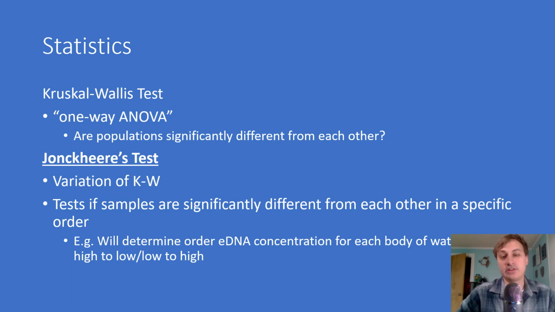So what they actually used was called a Jonckheere-Terpstra test, which is a variation of the Kruskal-Wallis. And it not only tests whether they're significantly different from each other, but tests if they are in a specific order. So remember, they were trying to determine if the eDNA concentration ranged from high to low based on the sample locations that they predicted.